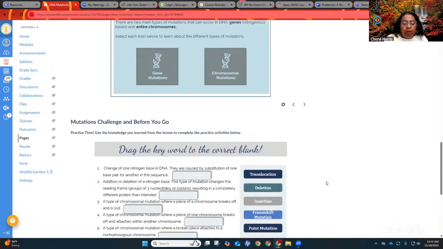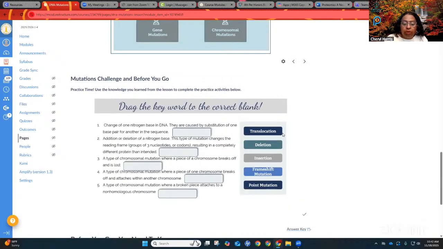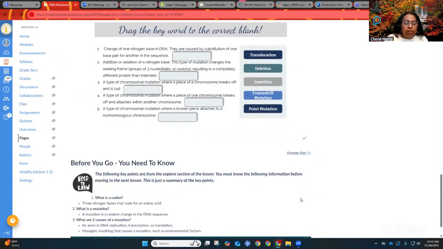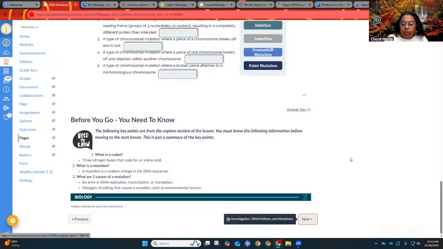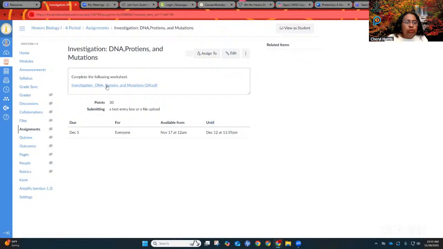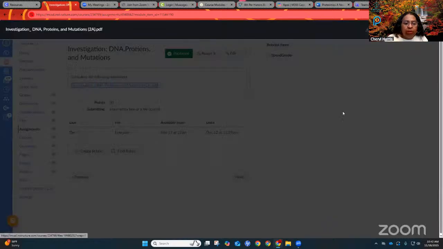Before we get ready to do all of this, I want you to shift pages. I want you to download this worksheet, and hopefully mine will download this time. I'm going to go through some of it with you, so you need to stay with me. Mine keeps doing that, but hopefully yours won't.